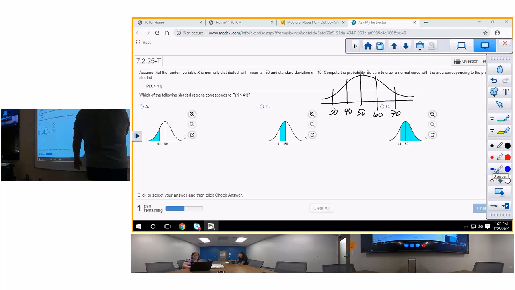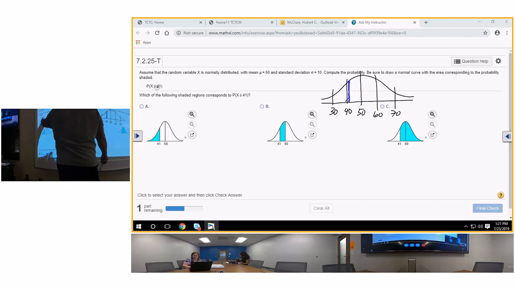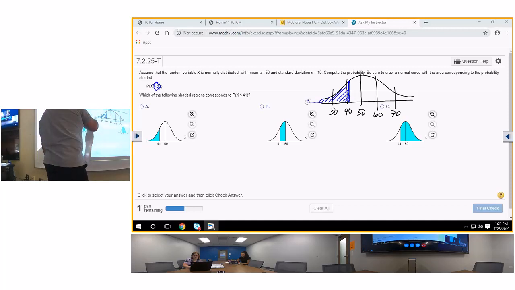What does the question ask for? What does it say? Area corresponding to... Less than. So that means left or right? Left. So again, we got left to right.